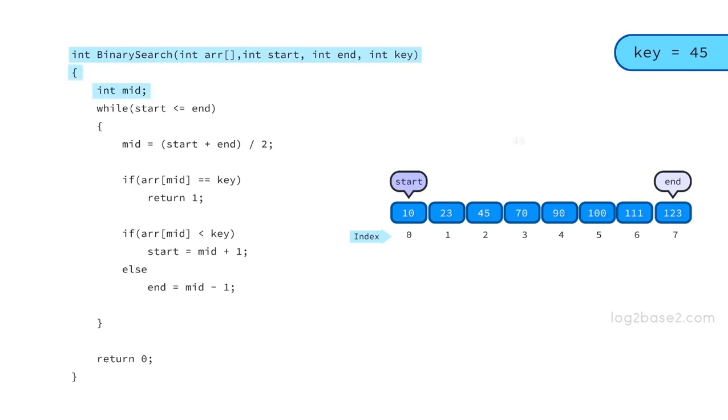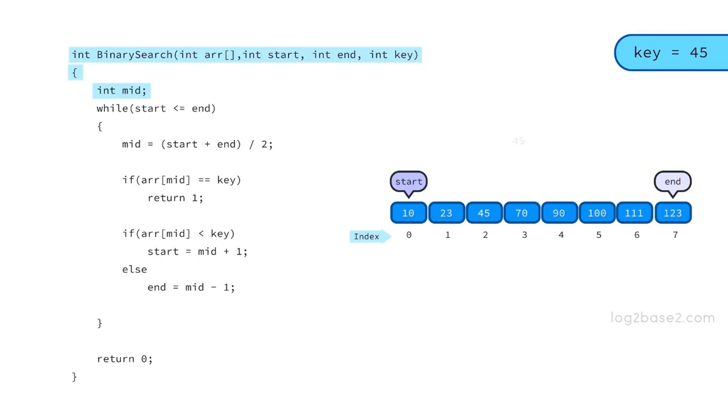And we have this while loop here, which will divide the array into halves till we find the key or the array is completed. When the key is found, 1 is returned, and when the array is completely checked, this condition start less than end will fail and control comes out of the loop and returns 0.